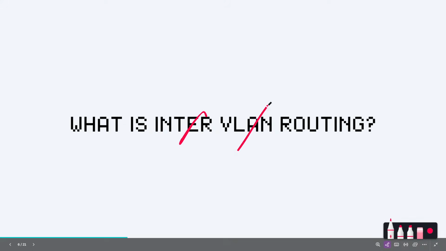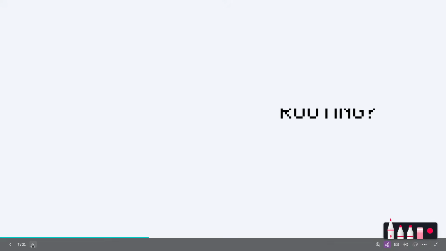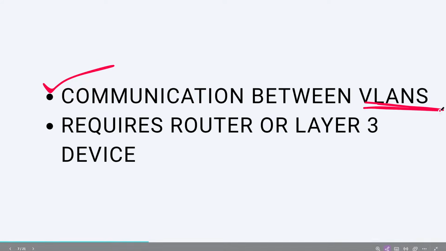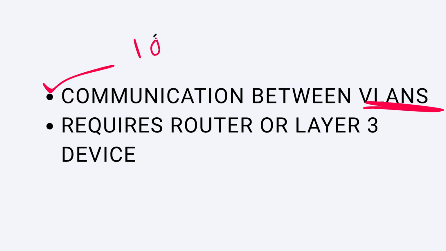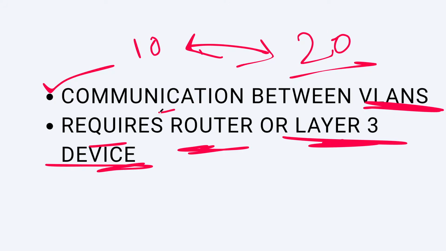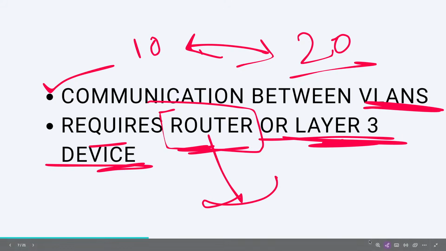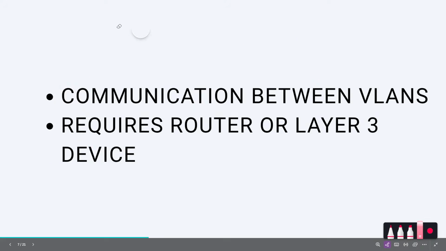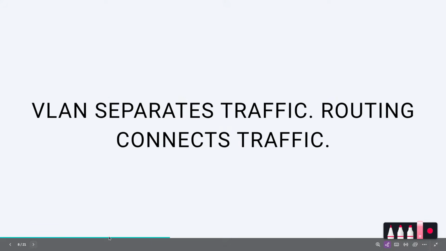It is basically communication between the VLANs, like our HR department and our finance department. We will understand how to communicate between them. It requires a router or a layer 3 device, and we are using a router, as you can see in our diagram.